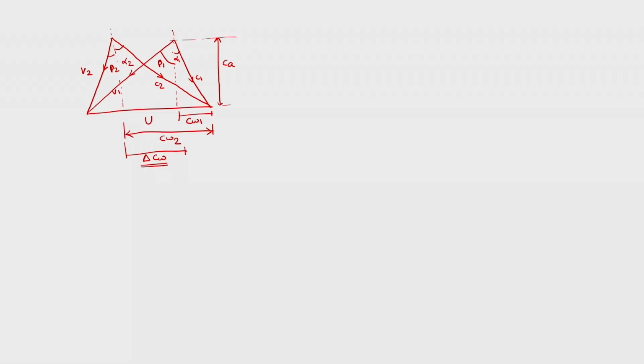Looking at this velocity triangle, we can write down certain expressions where U, which is the base of both the triangles, is equal to CA tan alpha 1.